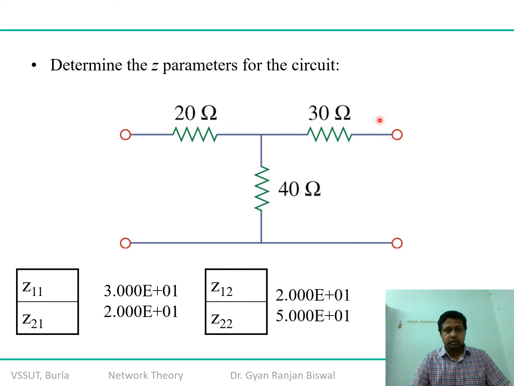You can provide a source or battery over here, or assume there is a potential drop if the source is on the other side. So it is V1. By applying I2 equal to 0, you will be able to calculate Z21 and Z11. Similarly, you apply the open circuit terminal over here. Assume that V2 already exists over here, but this terminal is open, so there is no contribution of I1.